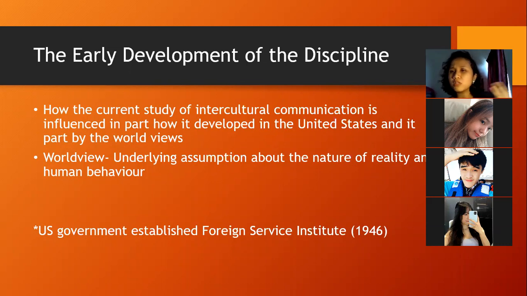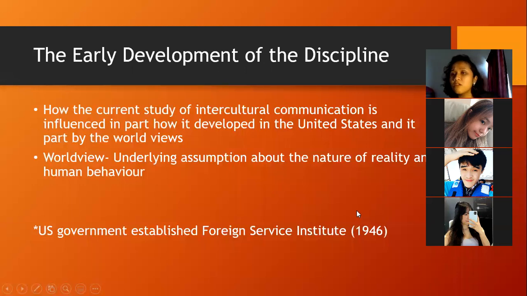That's why most of us, especially in Asian countries, especially in Malaysia, I would say, refer to the United States. When oil fluctuates as well, we refer to the United States. And it develops through world views. World views are defined as underlying assumptions about the nature of reality and human behavior.